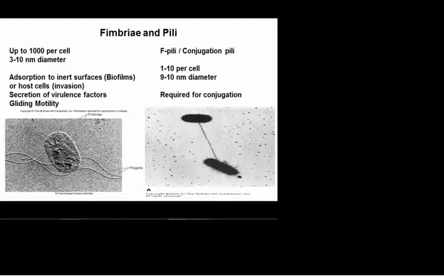And as well as that, you have F pili or conjugation pili, which are slightly larger, slightly wider diameter, fewer per cell, and they're required for conjugation. That is the transfer of DNA from one bacterium to another. So they produce these kind of big tubes that go from one bacterium to another.